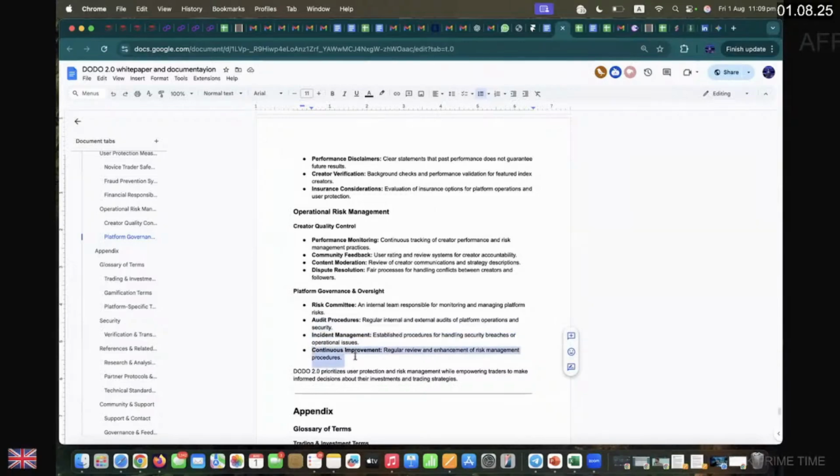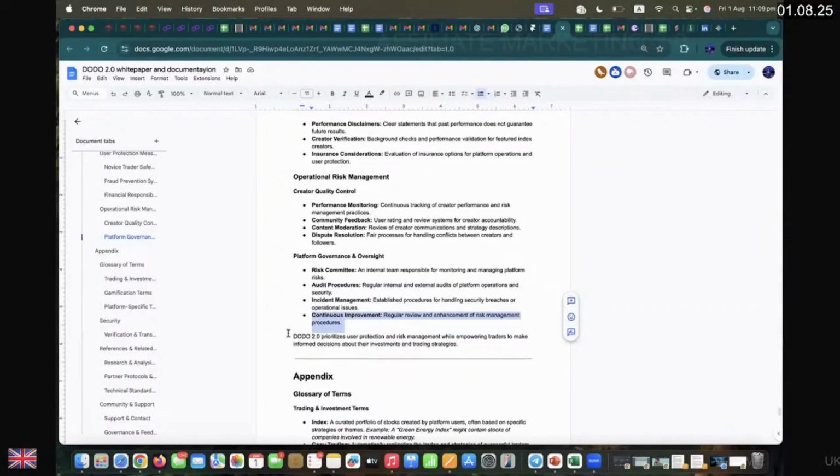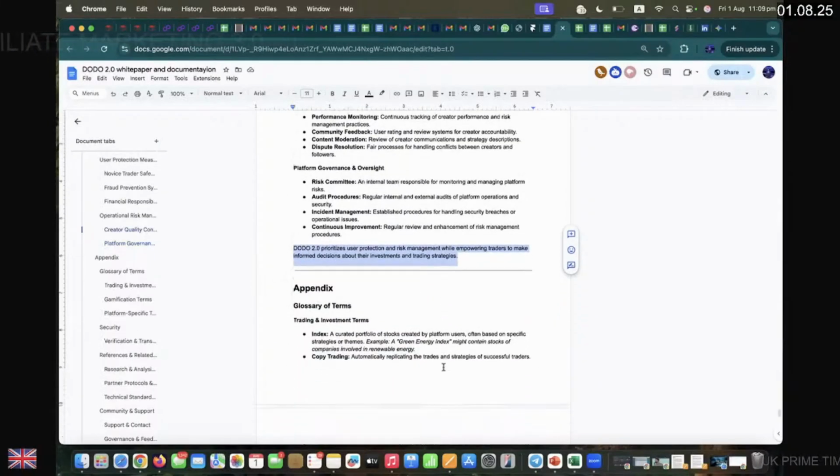Continuous improvement, regular review and enhancement of risk management procedures. This is how huge platforms operate. DODO 2.0 prioritizes user protection and risk management while empowering traders to make informed decisions about their investments and trading strategies.